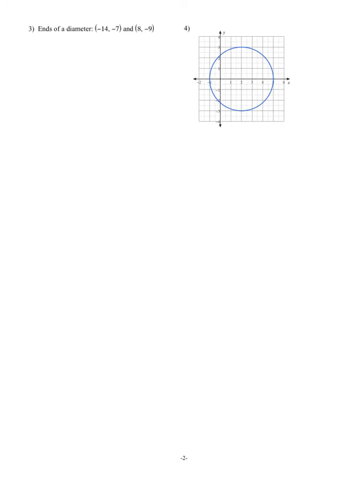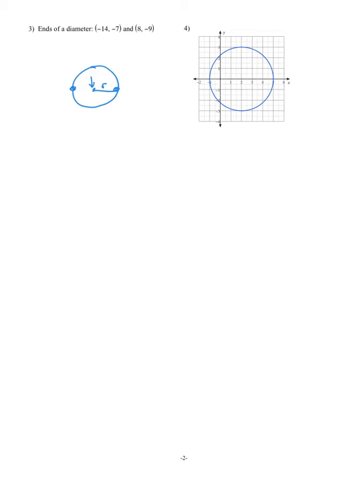So when they give you the ends of the diameter, what they're giving you is, here's the center, they're giving you these 2 points here. So if I find the midpoint, I've got the center, and if I find the distance between either one of those and the center, I have the radius.